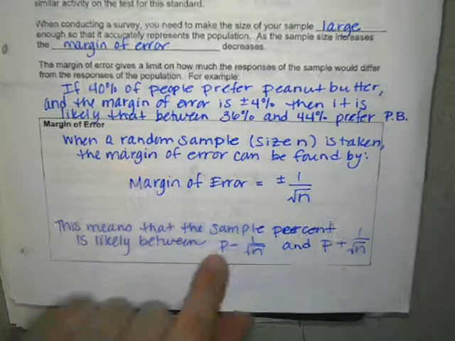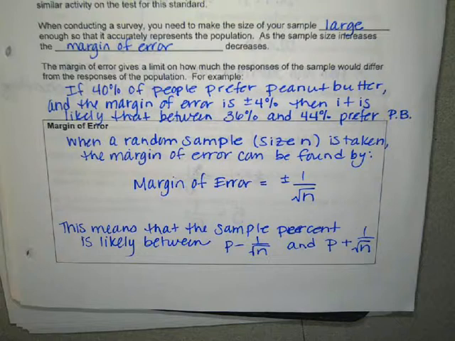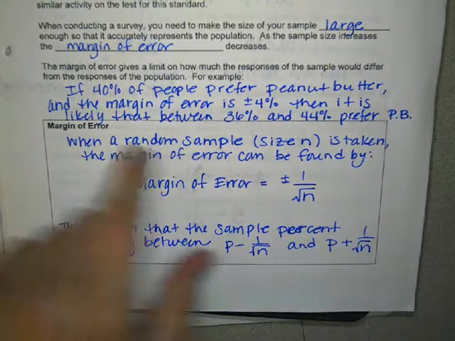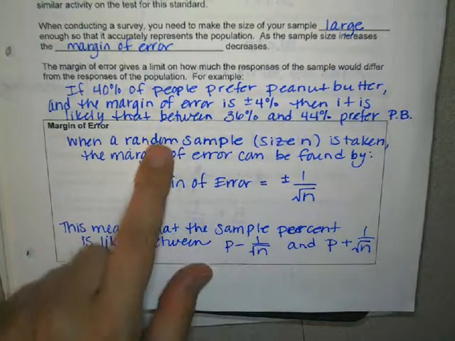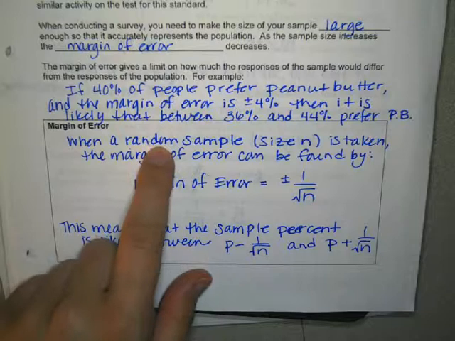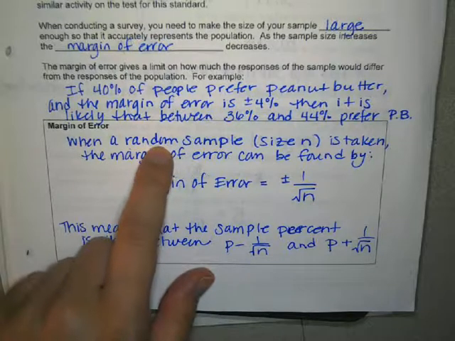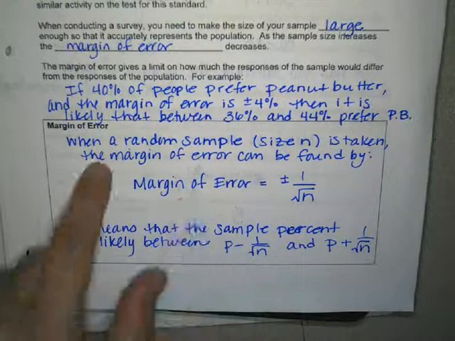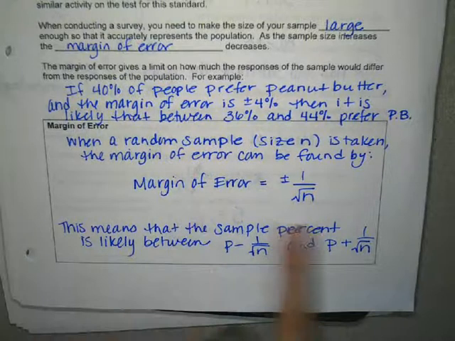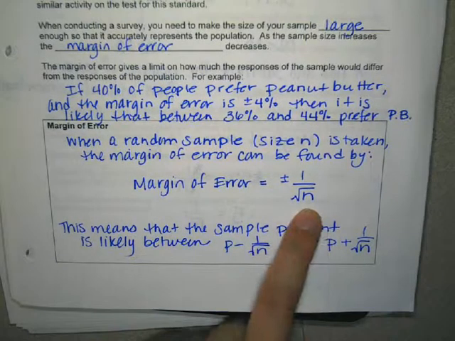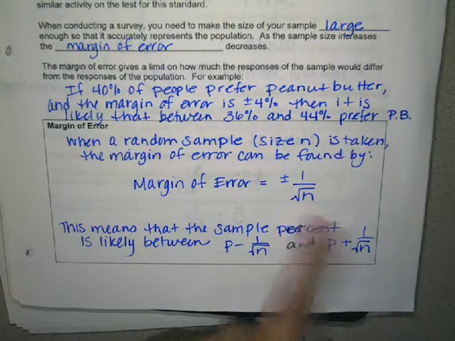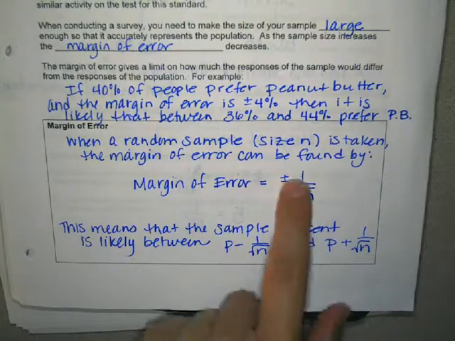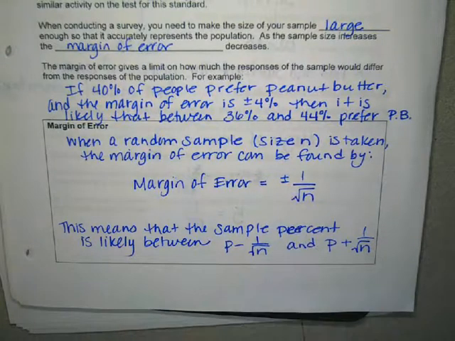To find a margin of error, we're looking at a random sample. So this isn't a convenience sample or a volunteer sample or a systematic sample. This is a random sample. The margin of error can be found by this equation here, or this fraction. So in this fraction, we have 1 over the square root of n, plus or minus.